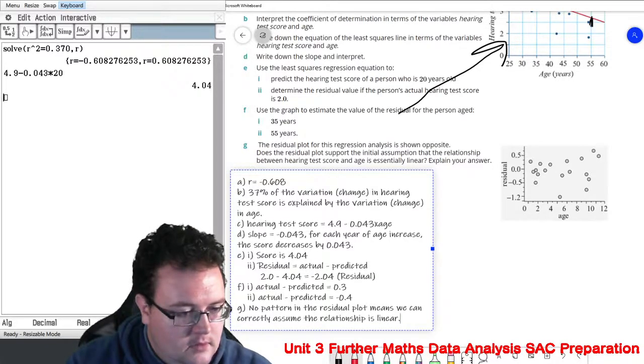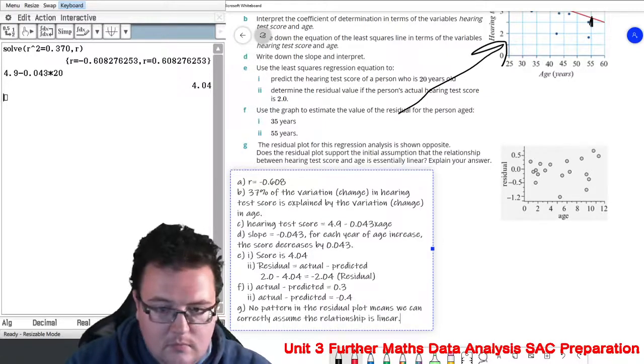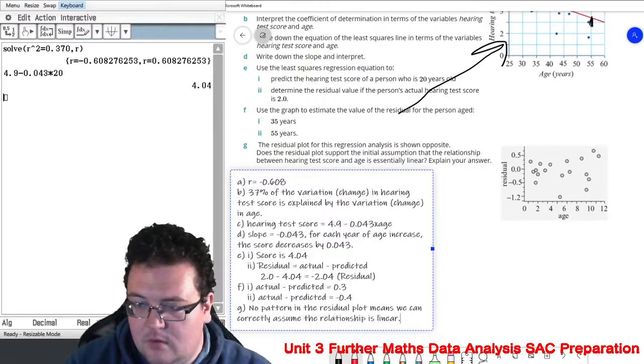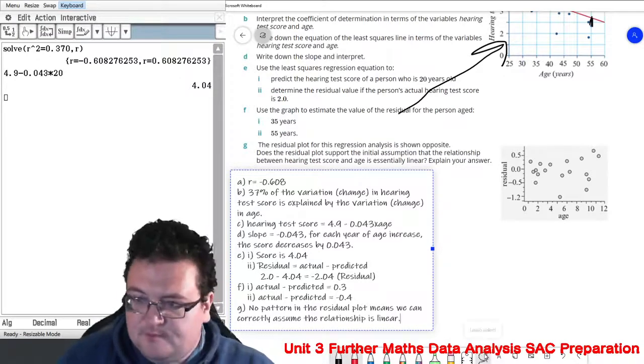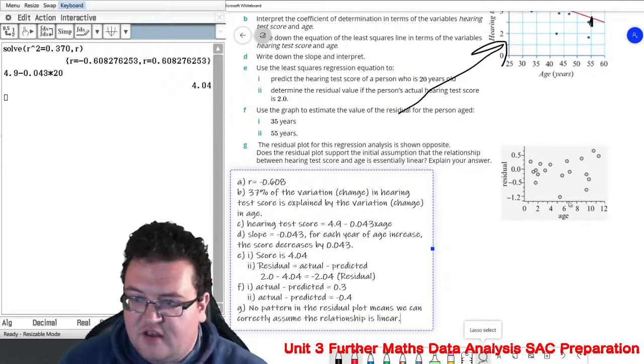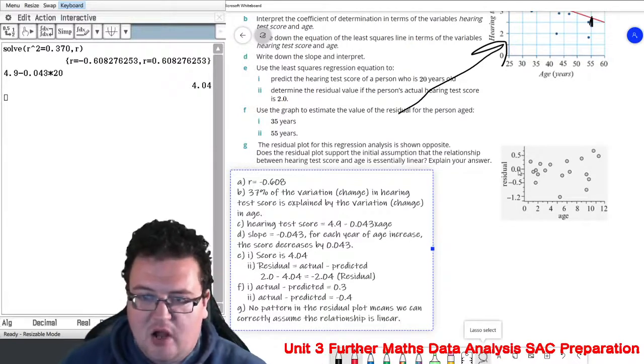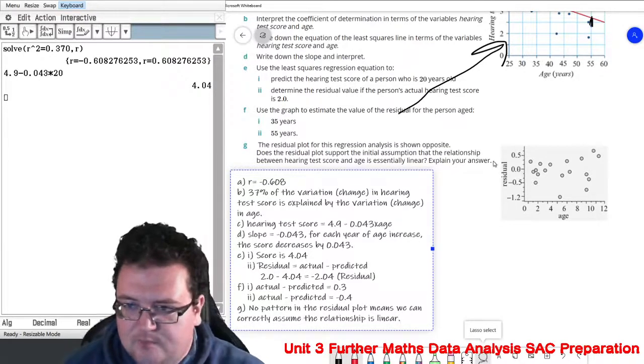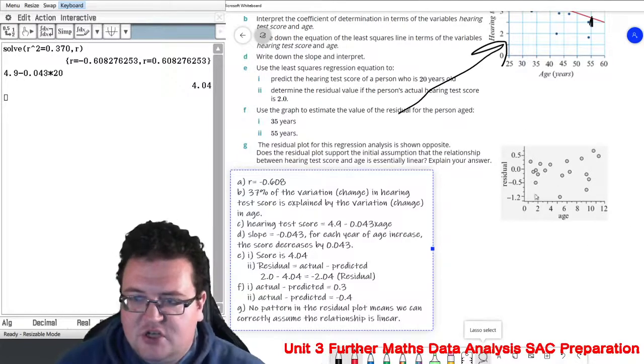Wait, sir. Yeah. So you know how you're saying there's no pattern? Yep. What pattern? Like, what do we look for in a pattern? Well, if you look here, this is a residual plot that was made by the CAS. And now it's obviously using some different values.